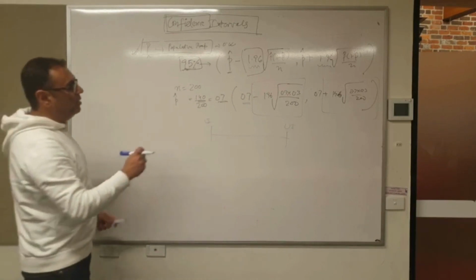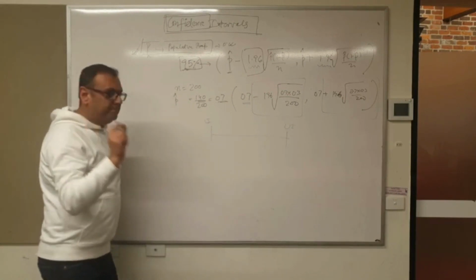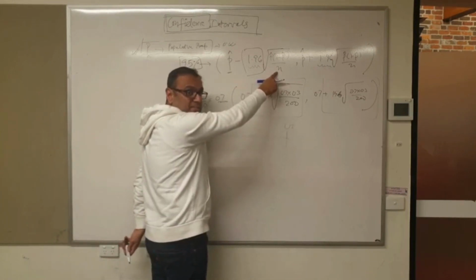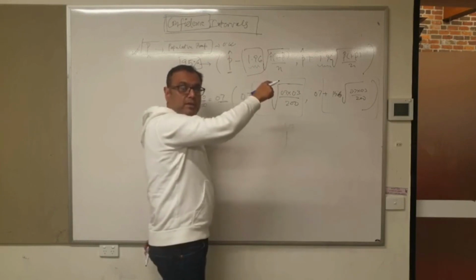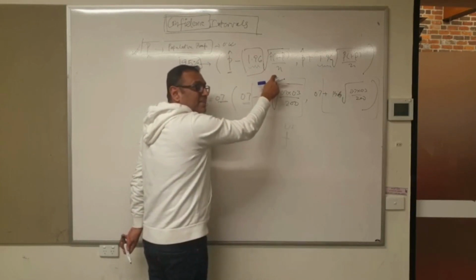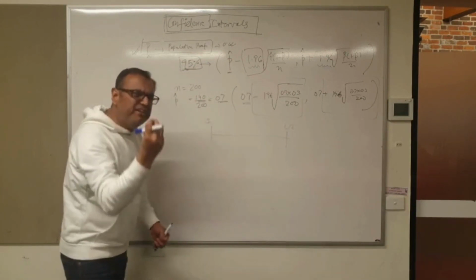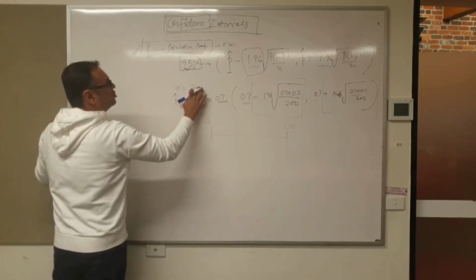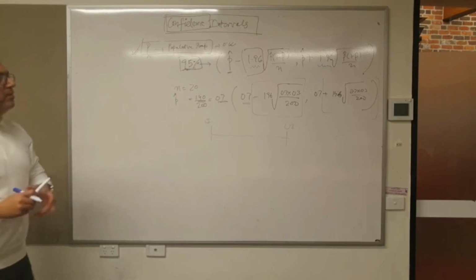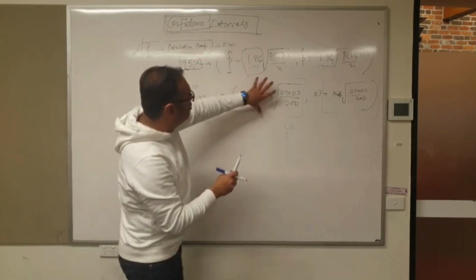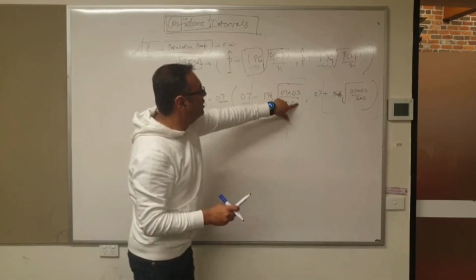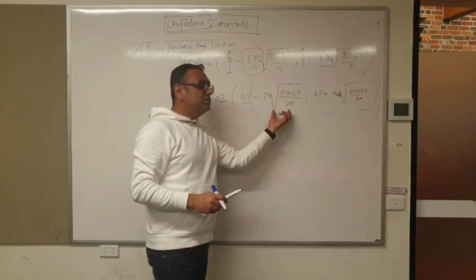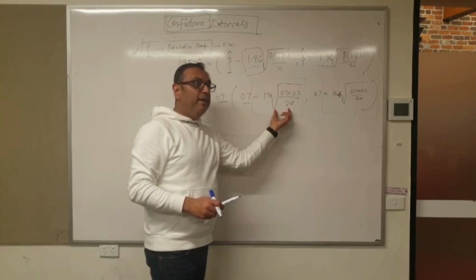Now, what do you reckon? A point to ponder upon: if my sample size n is a very small number, let's say I've taken a sample n of not just 200, it's 20. What will happen to this boxed value if this is 20 now? It becomes bigger. Why?